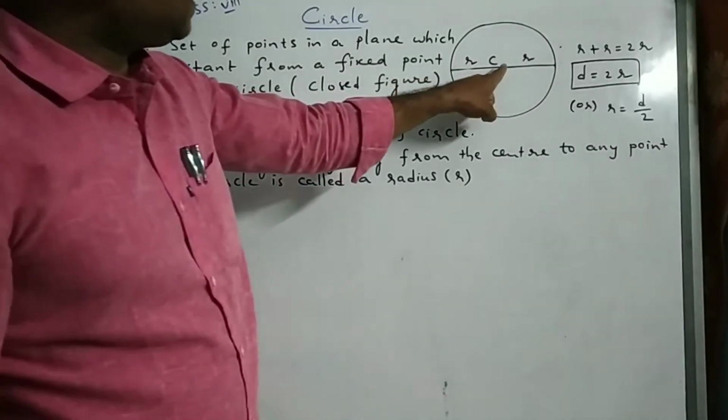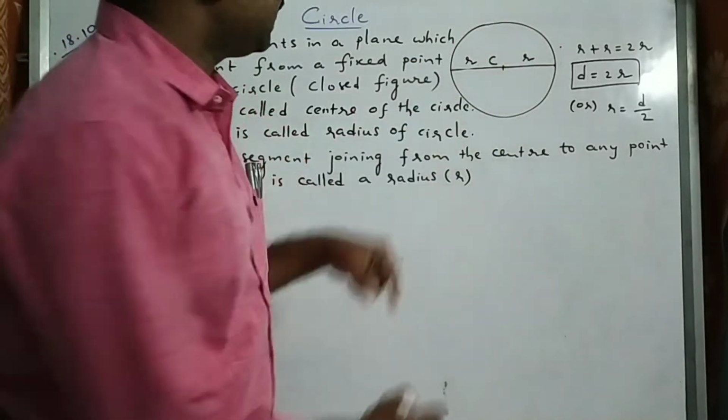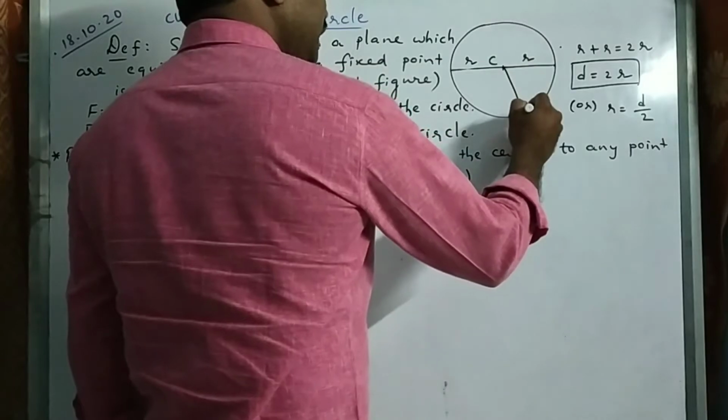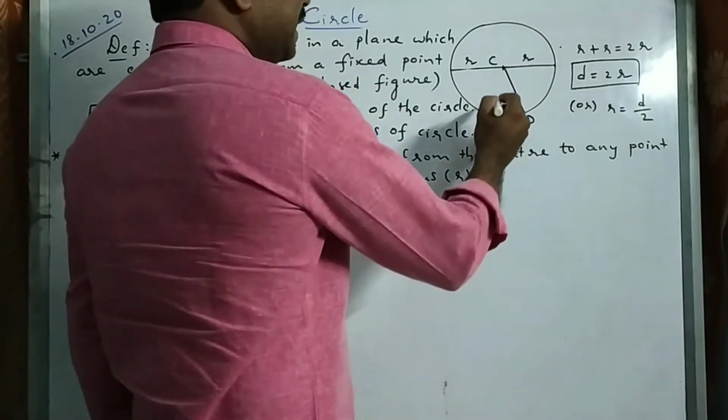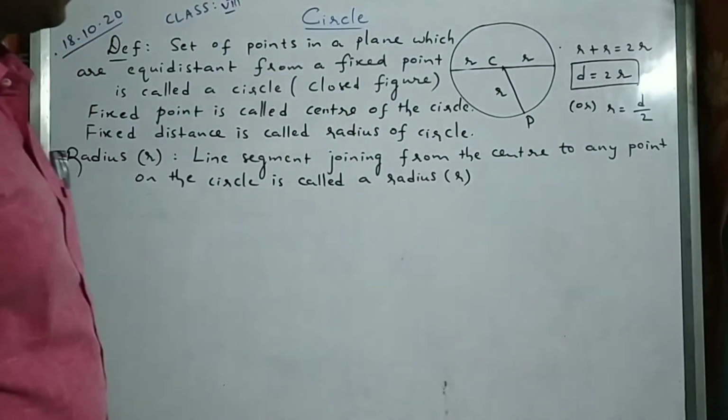So from the center to any point on the circle, that is called radius.